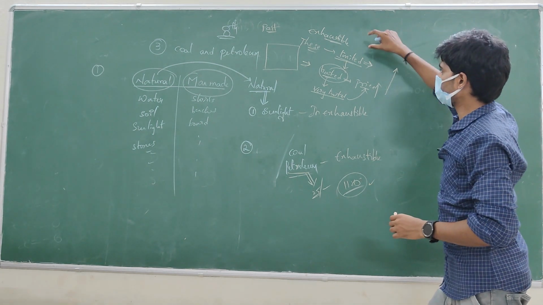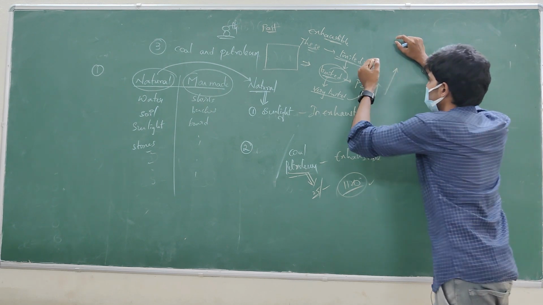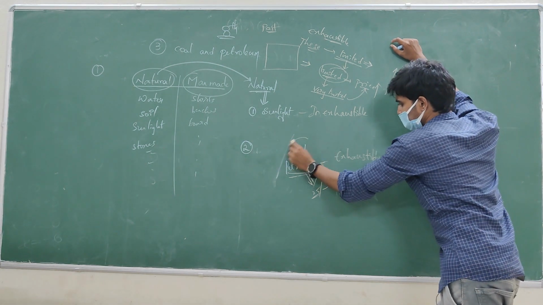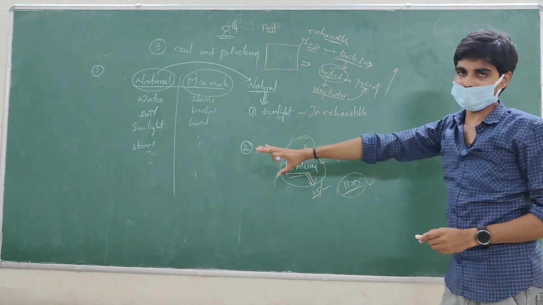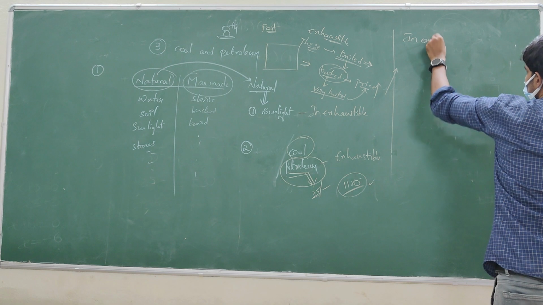So coming to exhaustible substances, these are substances very limited in quantity, and those could be coal and petroleum, right? Coming to the next case, inexhaustible natural resources.